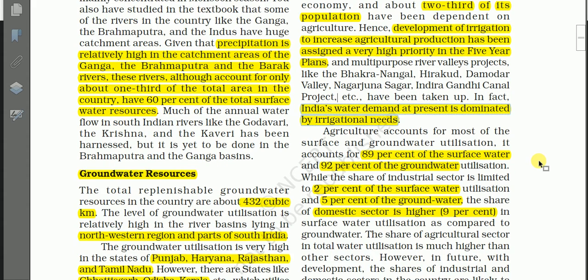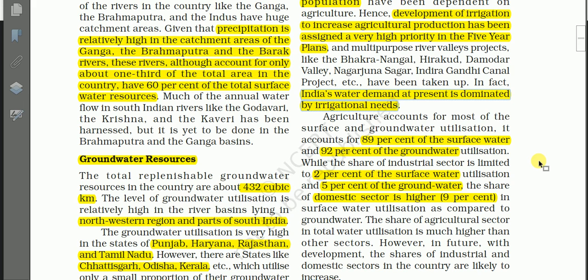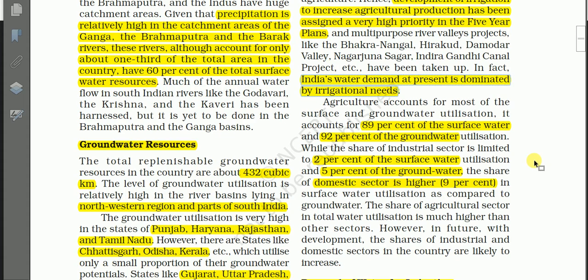Now let us discuss the sectoral distribution of water resource utilization.